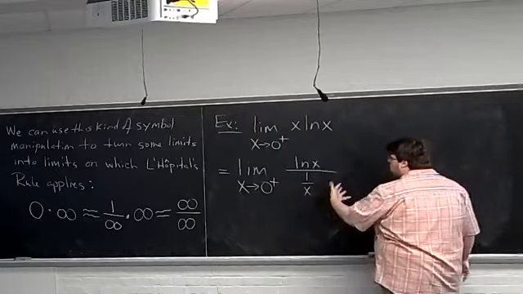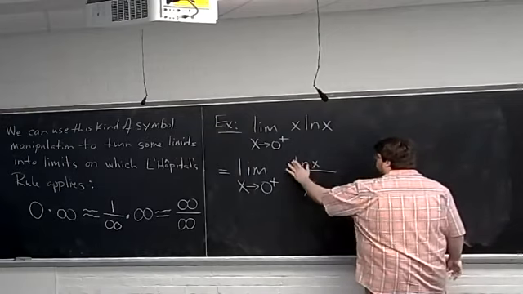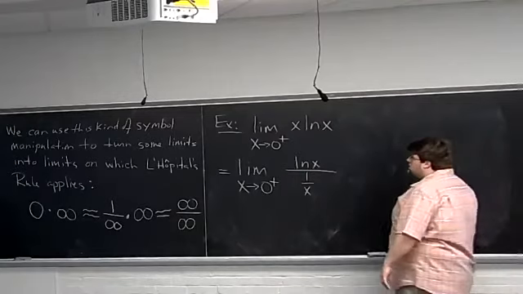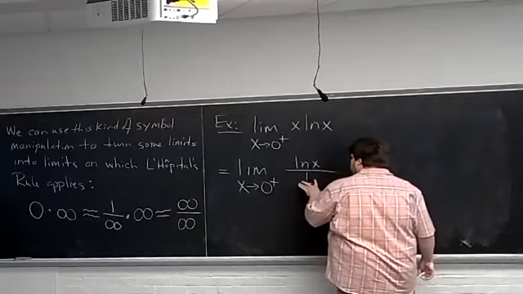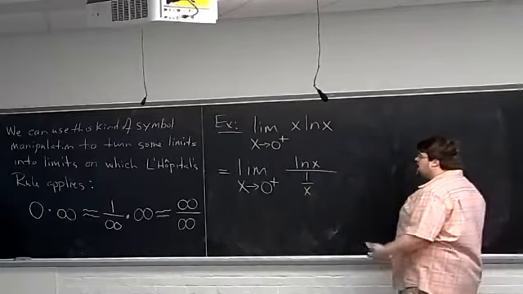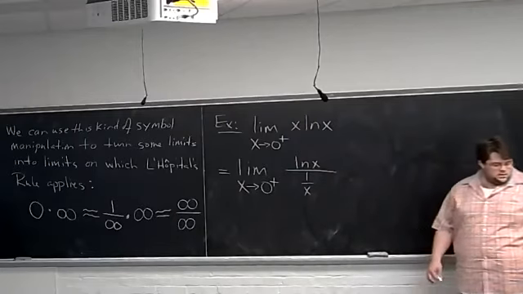Divide by 1 over x, same as multiplying by the reciprocal of 1 over x, which would put an x next to the logarithm of x. But what we're doing is putting this x in the denominator so that the limit is now in a form on which L'Hopital's rule directly applies.